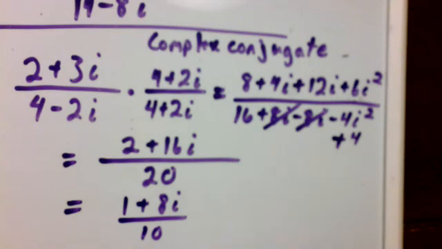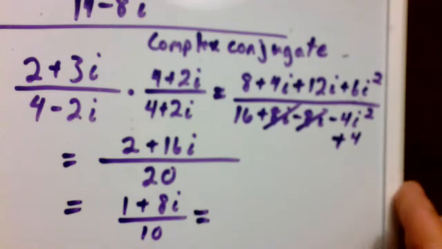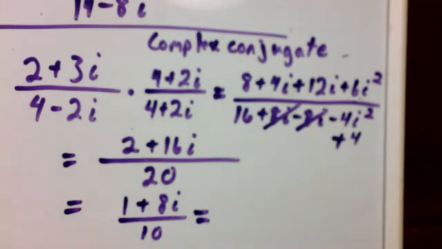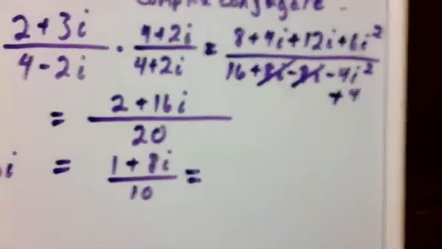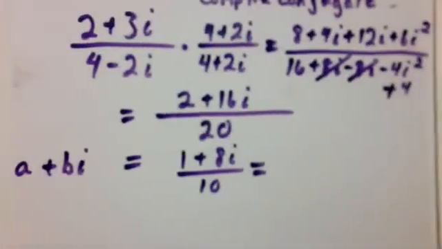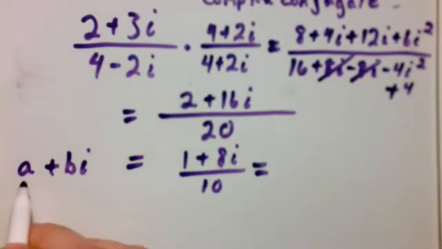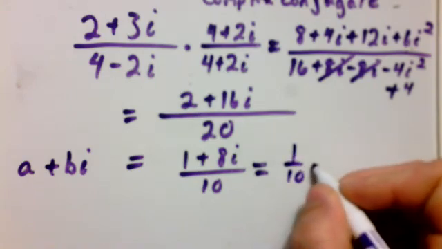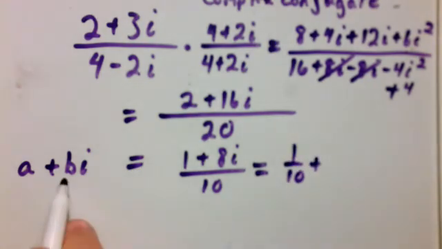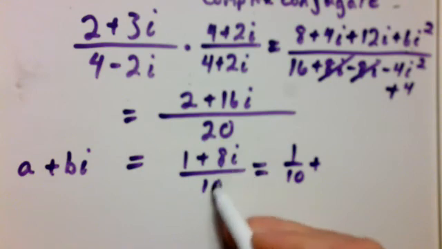Now, you'll see this in your book, and I kind of go back and forth, because general form should be a plus bi, that is definitely not a plus bi. So a in this case is really 1/10, plus b in this case is 8 over 10. 8 over 10 is a reducible fraction.